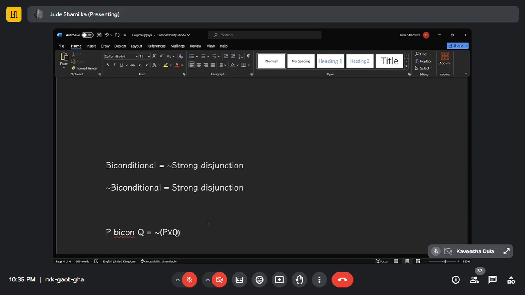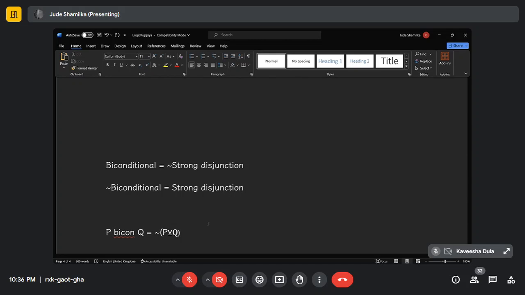Exclusive is the XOR gate, and the weak disjunction we call inclusive OR. There are examples in the English language, so please go through the lecture note first. I'm not providing you language expressions here, because I think you can manage.